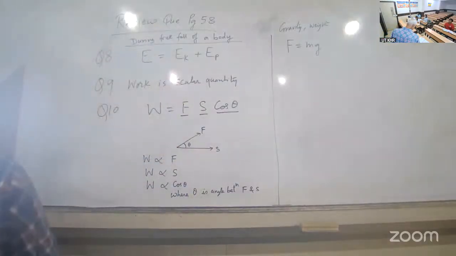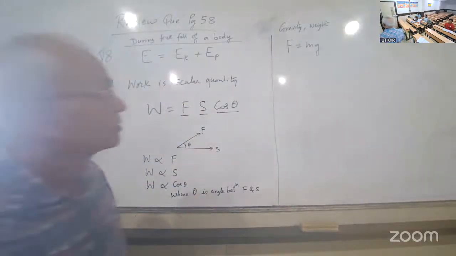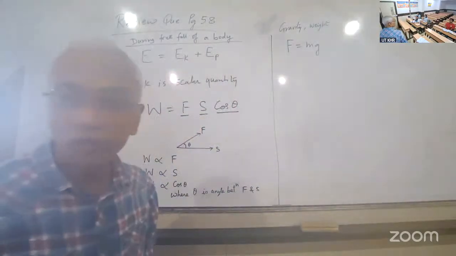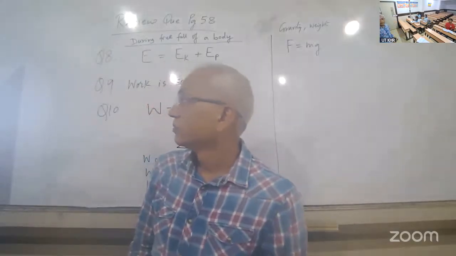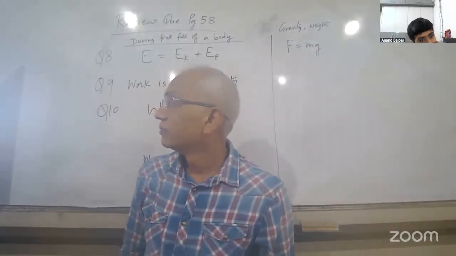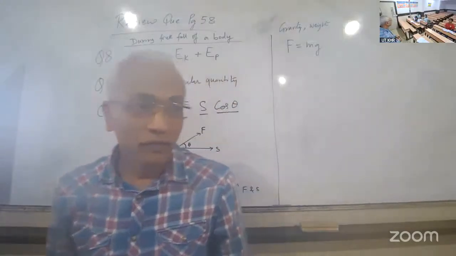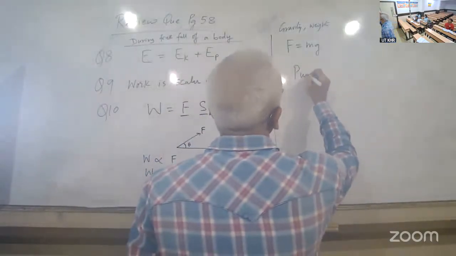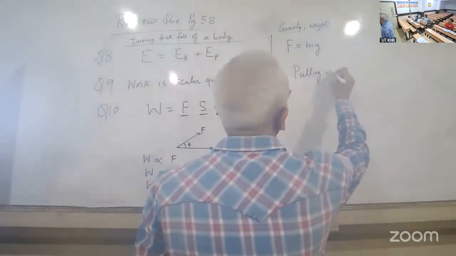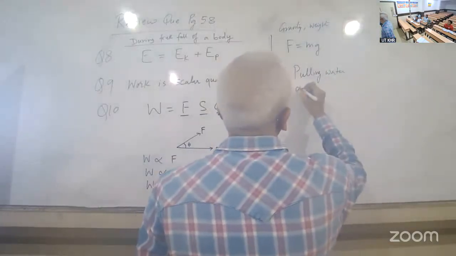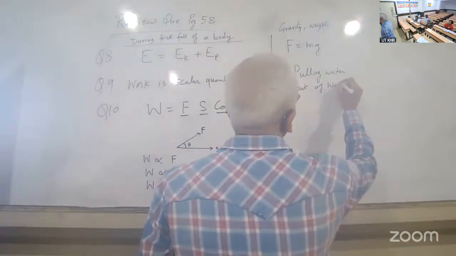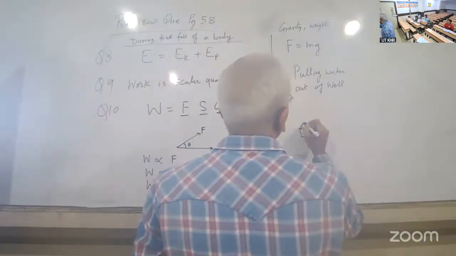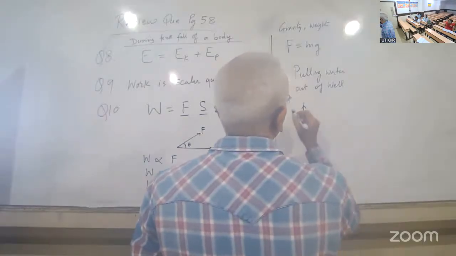So, another example of positive and negative work: pulling water out of a well. Who is pulling the water out of the well?